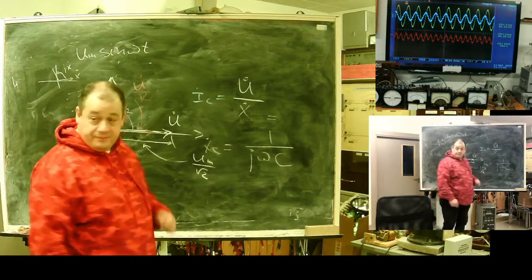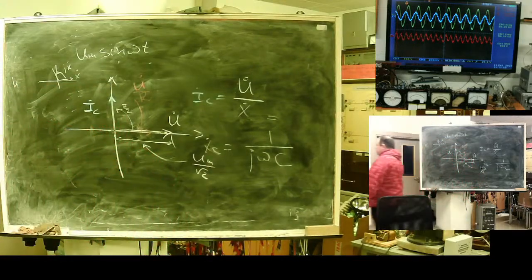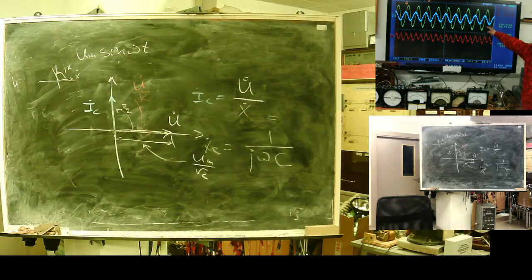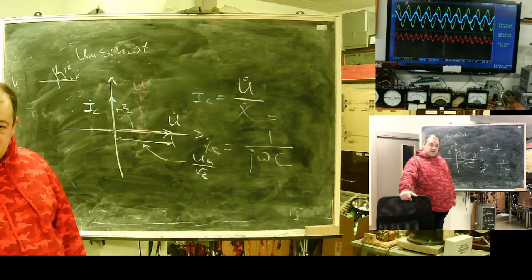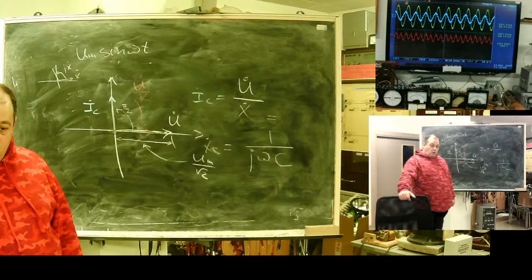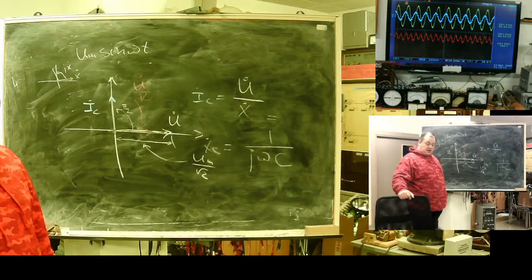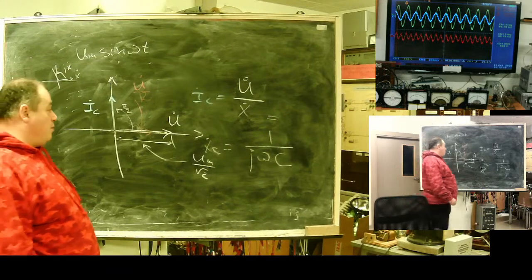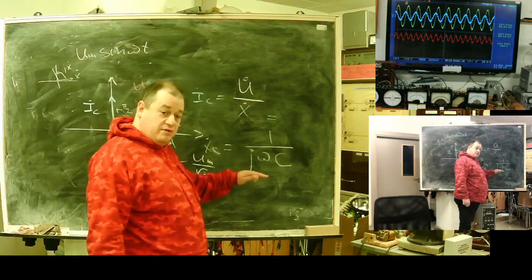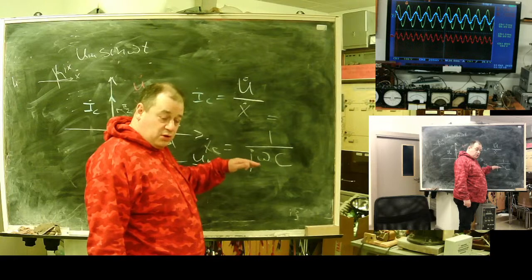Current, this nice current, will be voltage divided by resistance, but this resistance will be imaginary. On the one hand, it's something strange, but we will get Ohm's law in a complex form.